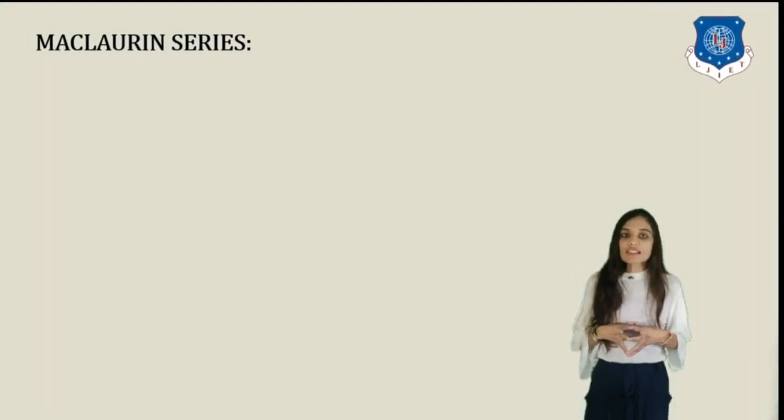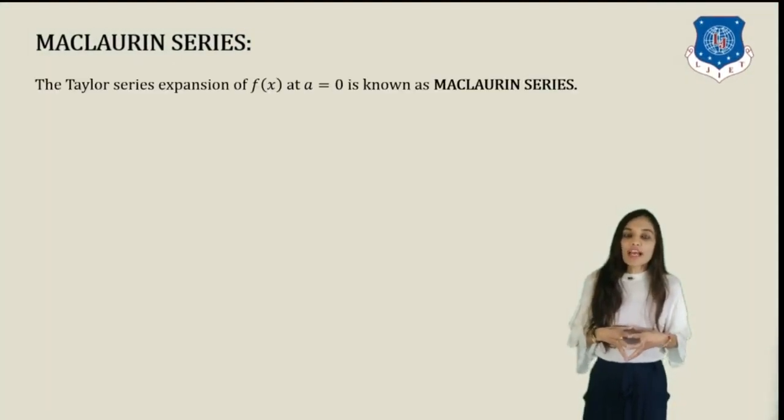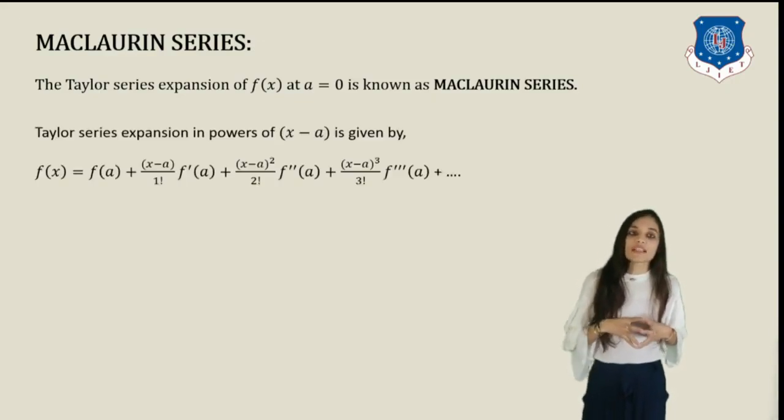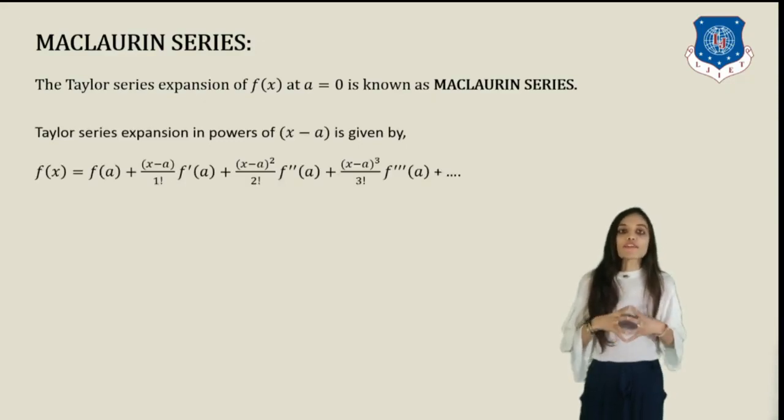So Maclaurin series is given by f of x is equal to f of 0 plus x upon 1 factorial f dash of 0 plus and so on. So how is it formed? Firstly, we all know the Taylor series in powers of x minus a, which is given by f of x is equal to f of a plus x minus a upon 1 factorial f dash of a plus x minus a whole square upon 2 factorial f double dash of a plus and so on.